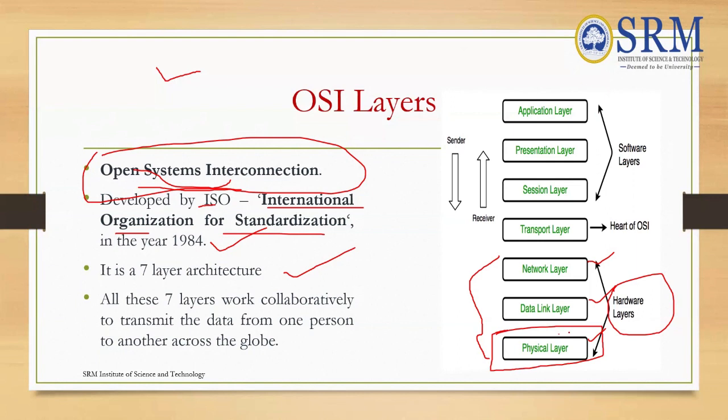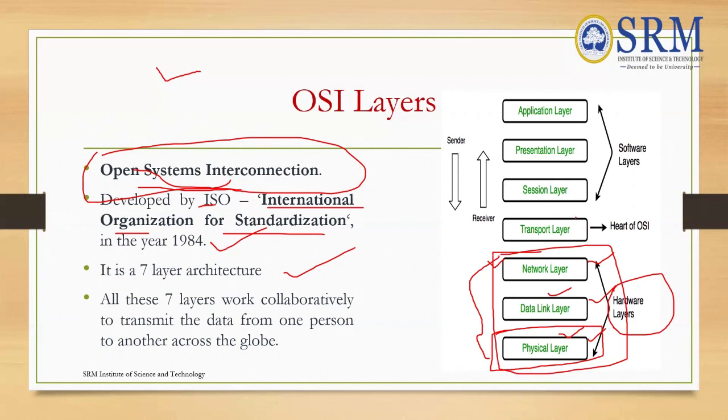In the data link layer, to connect 2 devices, we have hub and bridge. In the network layer, there is the router for setting the network path. So these 3 layers are responsible for the devices we use for connecting purposes.